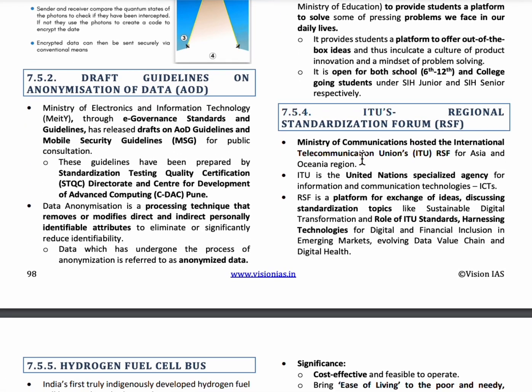Next topic is ITU's Regional Standardization Forum. So ITU is International Telecommunication Union. So here, ITU is the United Nations Specialized Agency for Information and Communication Technologies, and RSF, that is Regional Standardization Forum, is a platform for exchanging ideas, discussing standardized topics like sustainable digital transformation, harnessing technologies for digital and financial inclusions in emerging markets.